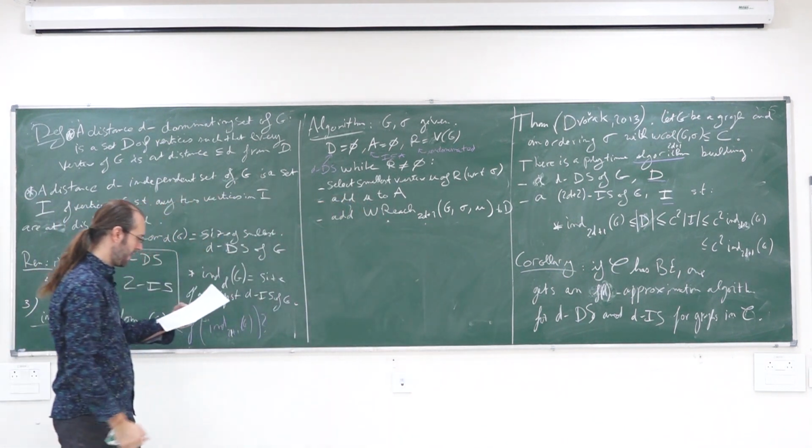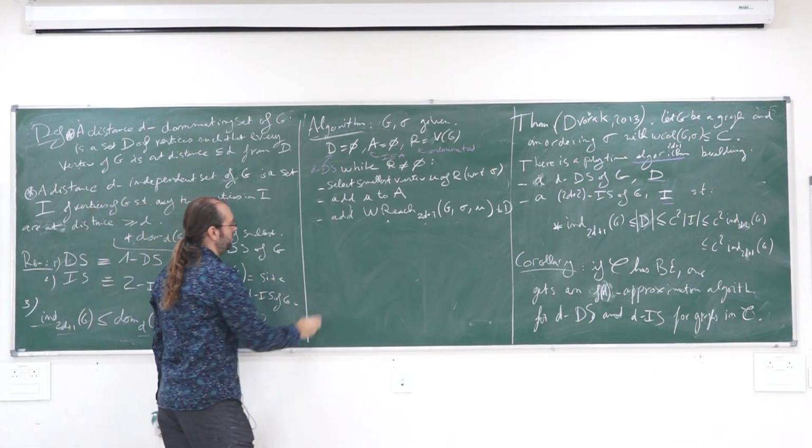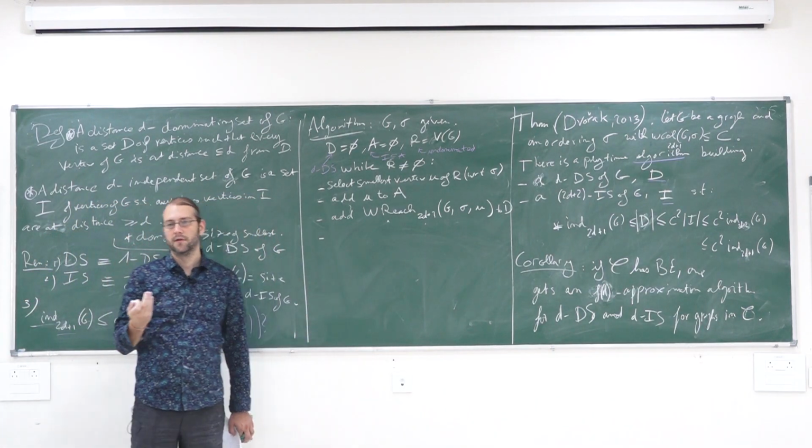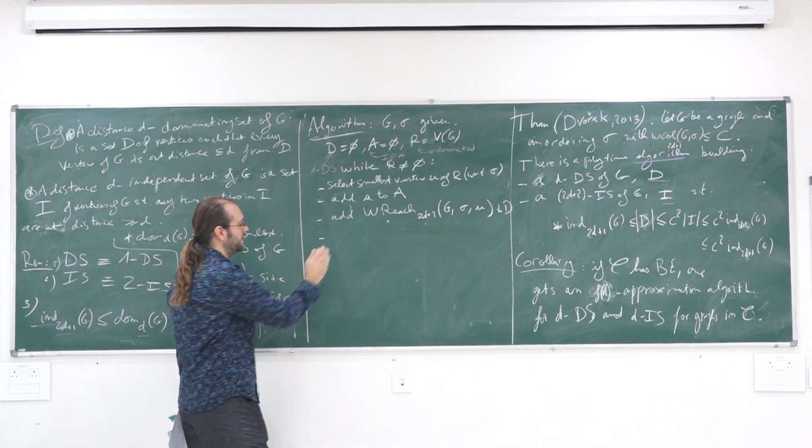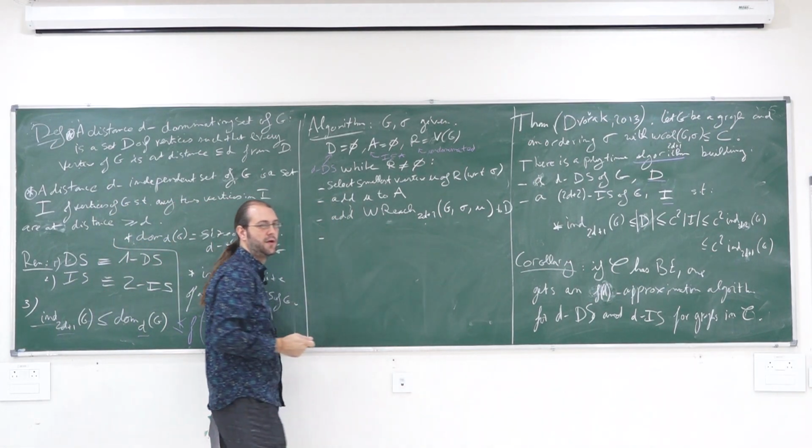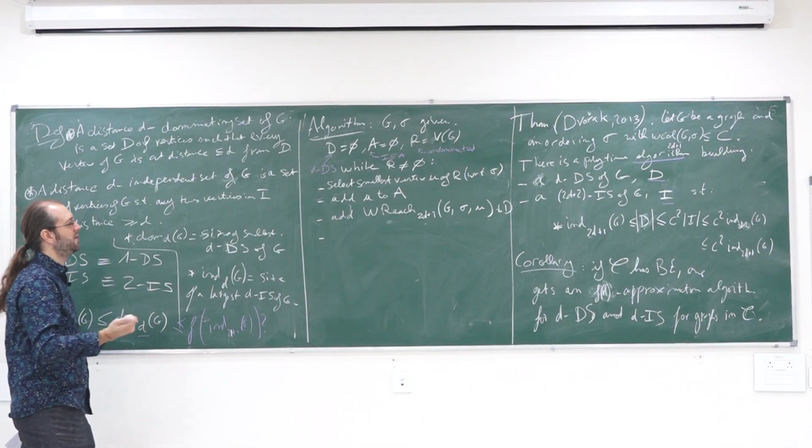Okay. And then what we do, now we update our R, because now we have selected all these guys in the dominating set, so we have to remove from R everybody who is dominating.